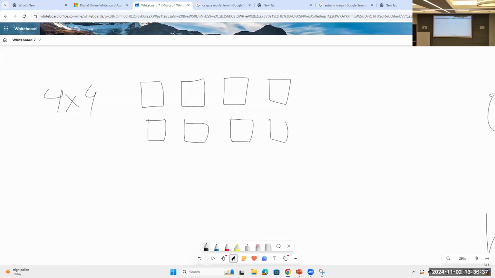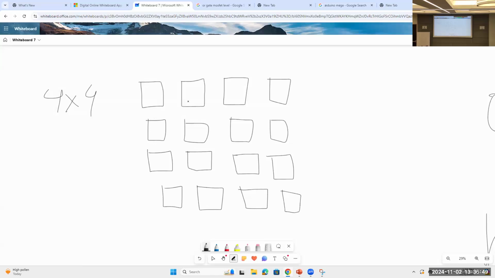We'll make this kind of photodiode array. It is called 4x4 because the number of rows is 4 and the number of columns is also 4, so there will be 16 photodiodes in total.